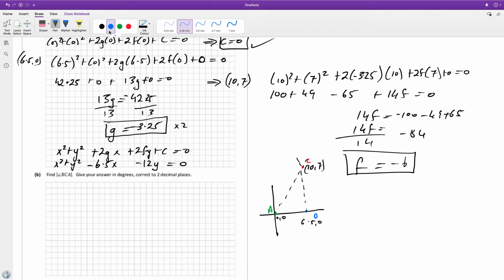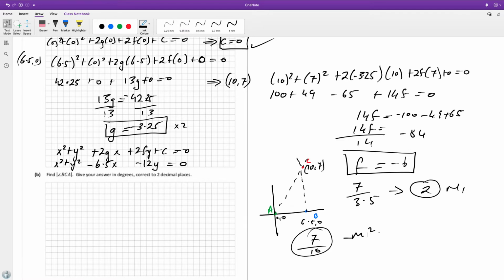This one here rises from 0 up to 7, so rises 7, and it runs from 6.5 to 10, which is 3.5. So 7 divided by 3.5, slope of 2. And this one goes, it rises 7 and runs 10. So M1 and M2 are 2 and 7 over 10.